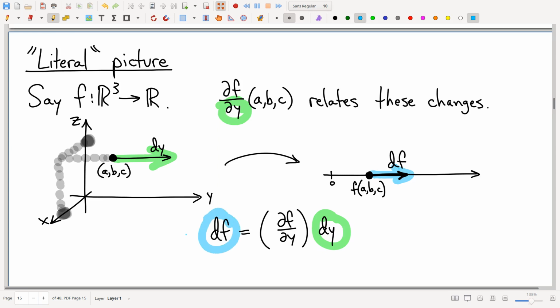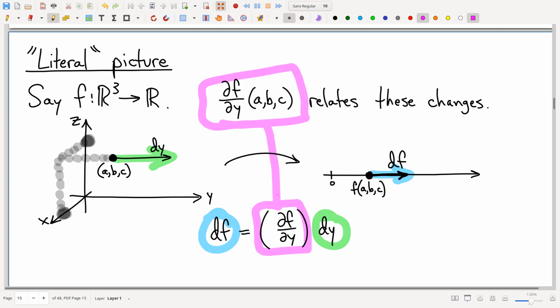And if you want to know what is the interpretation in this context, given that this is the picture I'm looking at, how would I understand partial derivative? I would understand partial derivative like so. It's the thing that you multiply by your input change to get your output change. So it's a relationship between input changes and output changes. Right? Here we're just explicitly seeing these changes.